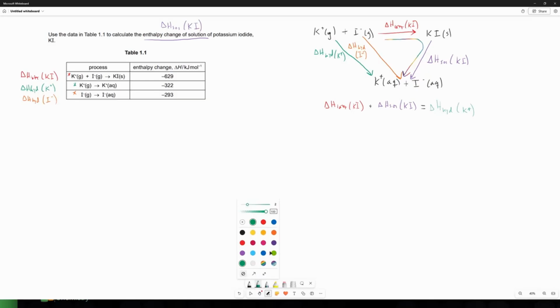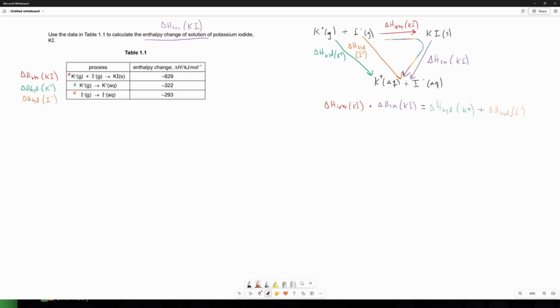And then plus the enthalpy change of hydration of the iodide ion, delta H hydration for I minus.